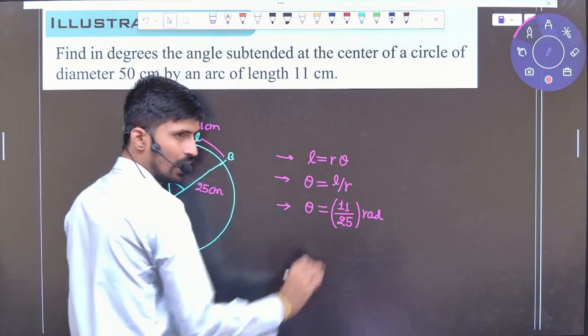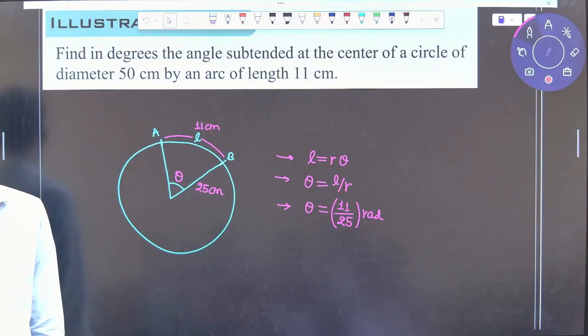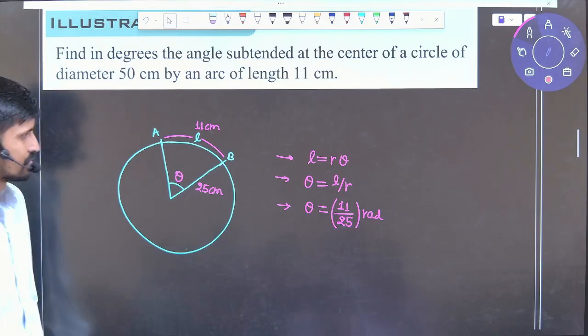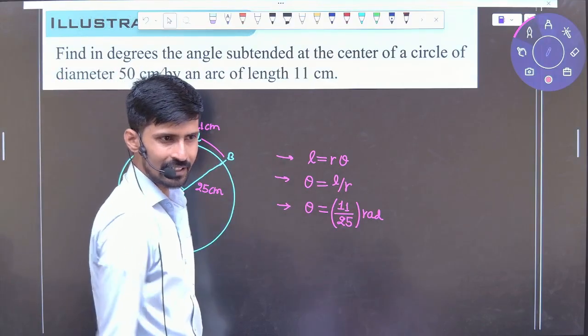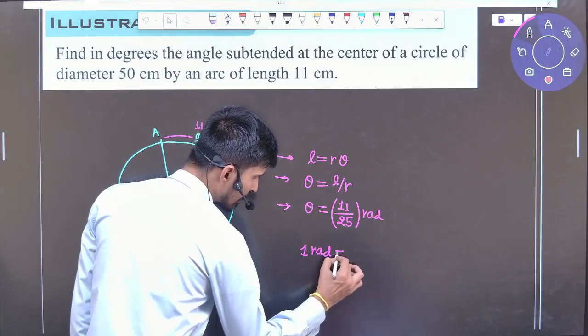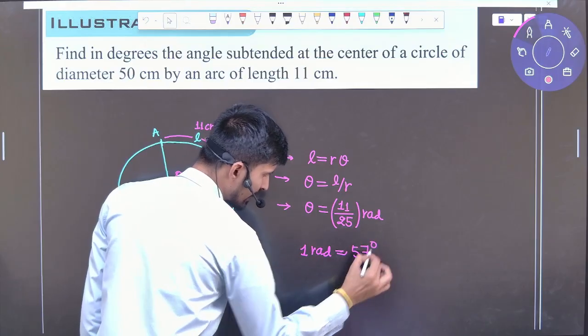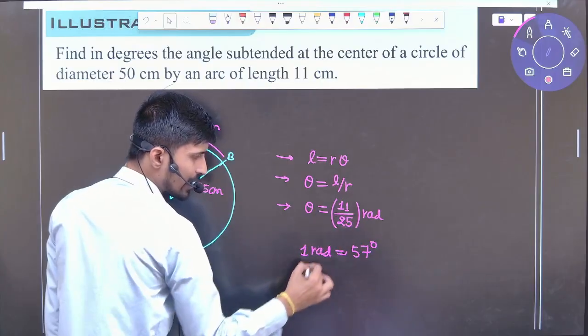In this formula, theta is always present in radian. Huh, Nitin? So this much radian, we have to find our angle in degree. So we know 1 radian is 57 degree. So what I will do, both side I will multiply 11 by 25.